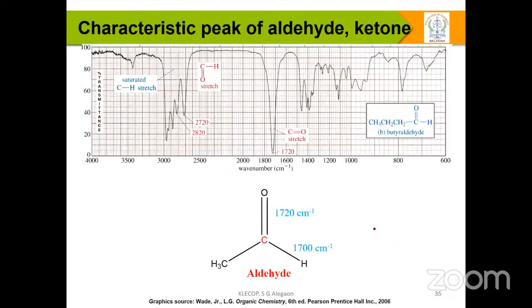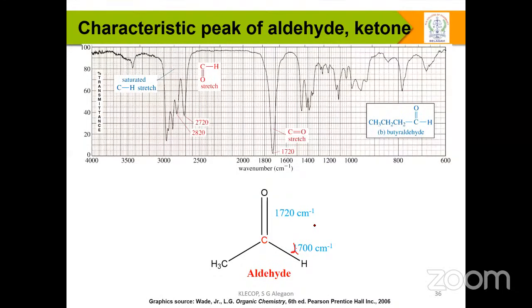Look at this. If you take a simple one, butyraldehyde, I'm going to get a CH stretch, and the very important one is the C double bond O stretch. Sorry, there is a mistake here: it is around 2700.